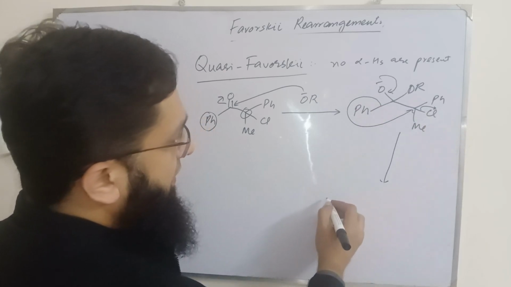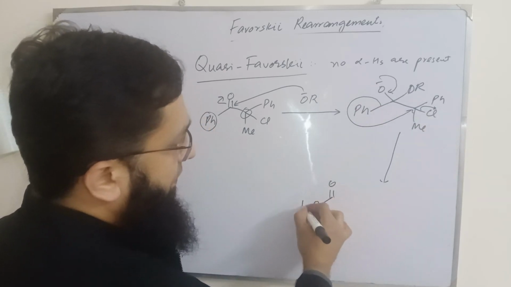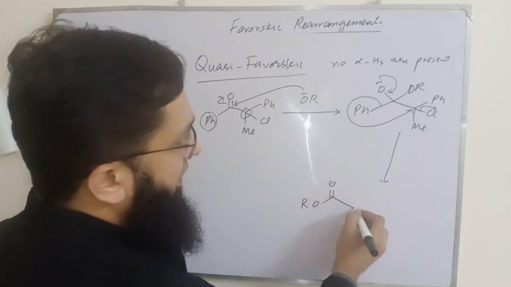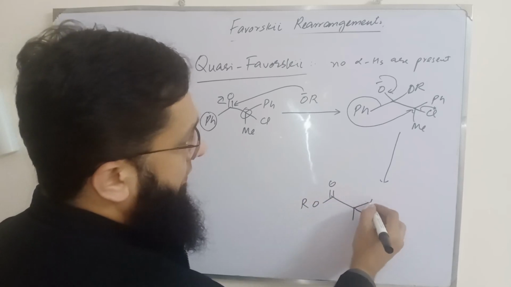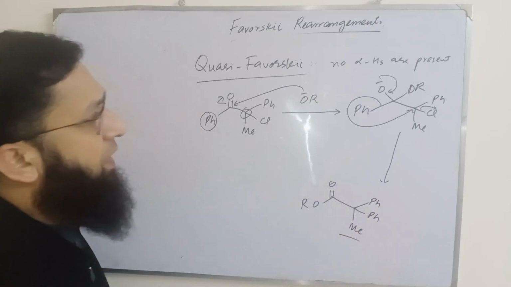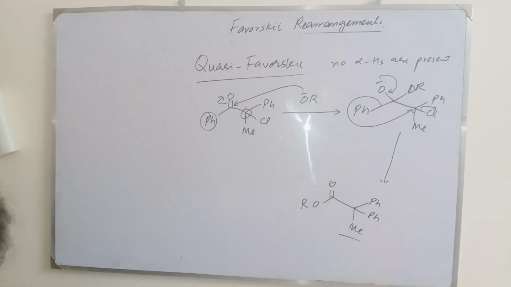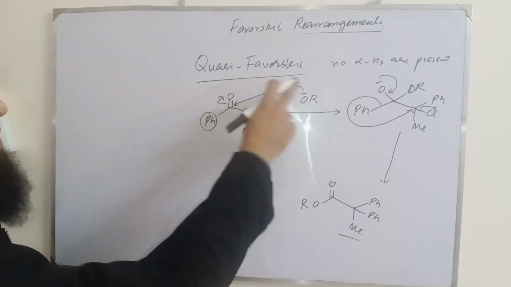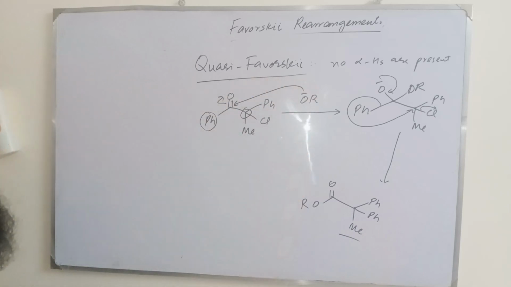So as a result, we would get this molecule. So if no alpha hydrogens are present, quasi-Favorskii rearrangement would take place.